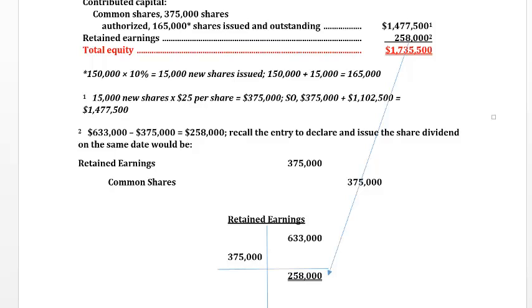So what we would do is debit retained earnings, credit common shares. And when we debit retained earnings, we take the balance from 633, we lower it by 375 because of the debit to retained earnings here to get a final balance in retained earnings of 258,000.